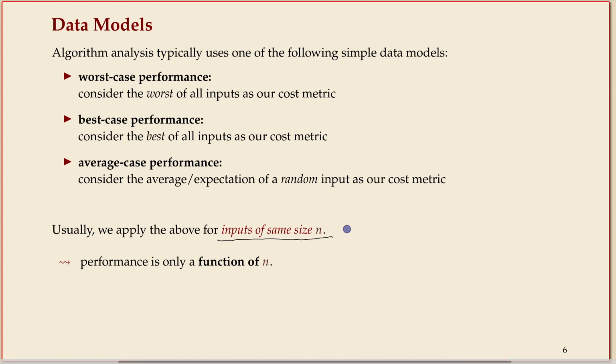So you fix the size of the input, and then you stipulate these models. So you take the worst of all inputs for a given size, or the average of all inputs for a given size. And the goal of this is to get the performance of an algorithm as a function of the input size. That's the goal. So we get a single parameter that we assume drives the complexity of an input.